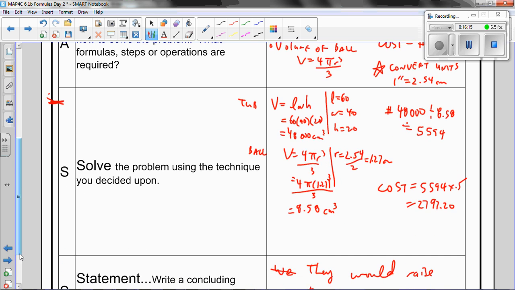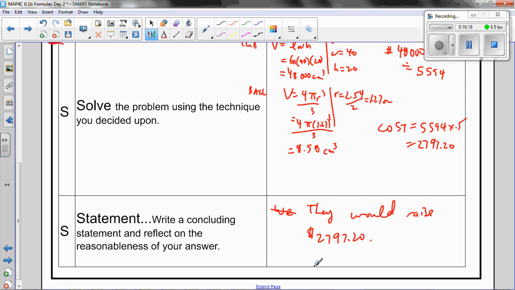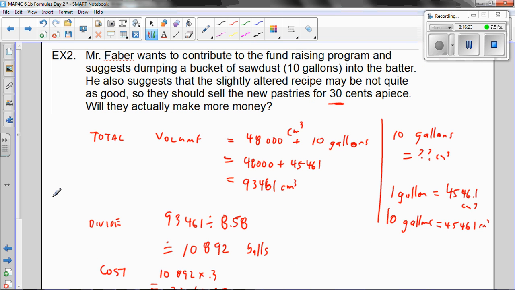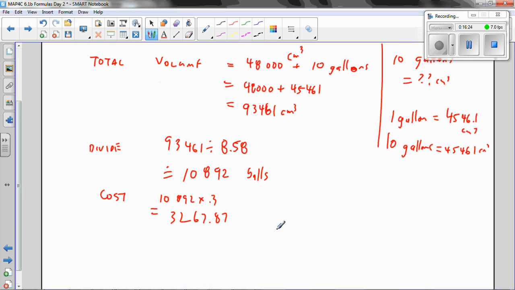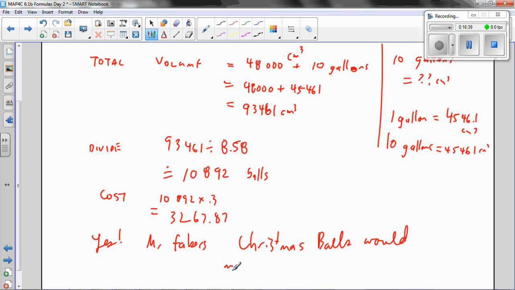Even though we've got sawdust in the recipe, we're making more. So yes, indeed. And we could subtract those to figure out how much more. Yes, Mr. Faber's Christmas balls would make more, if you can sell sawdusty Christmas balls.